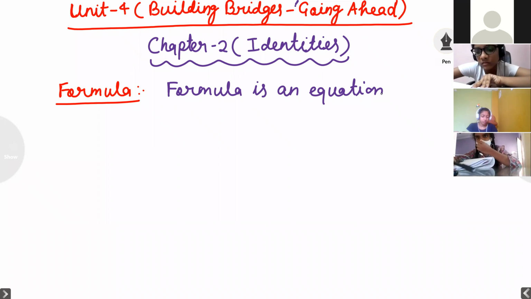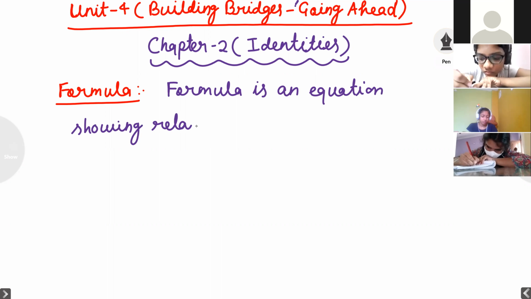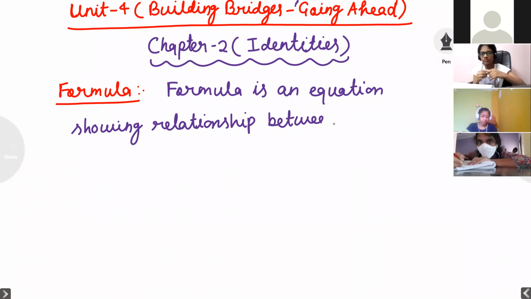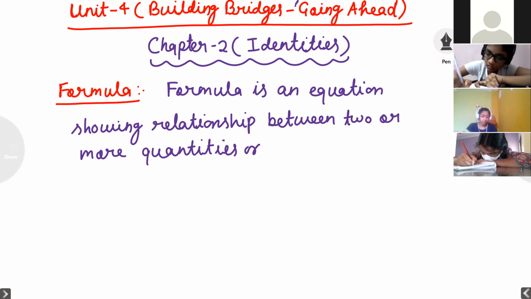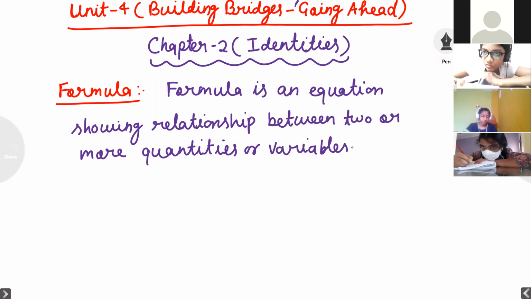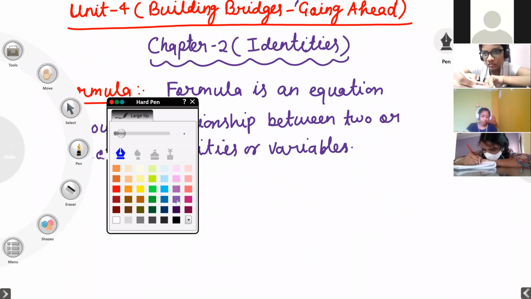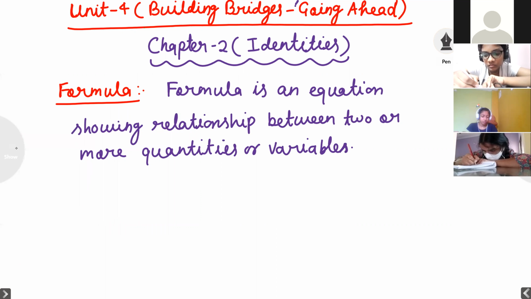Formula is an equation showing relationship between two or more quantities or variables.